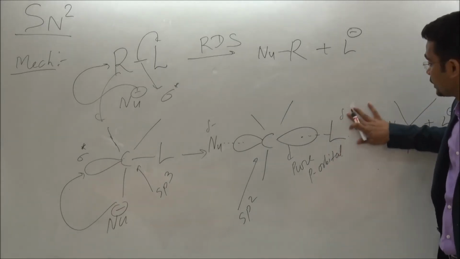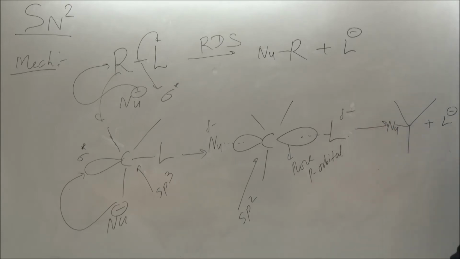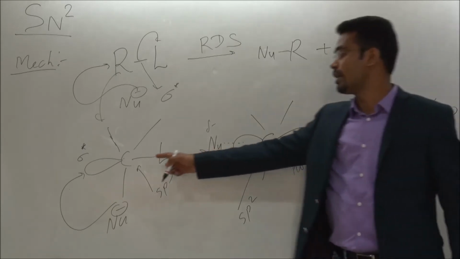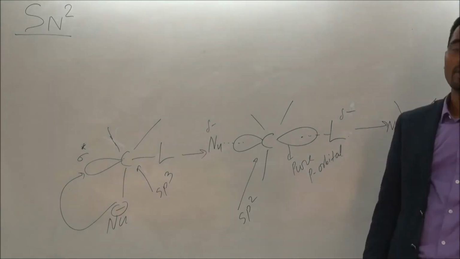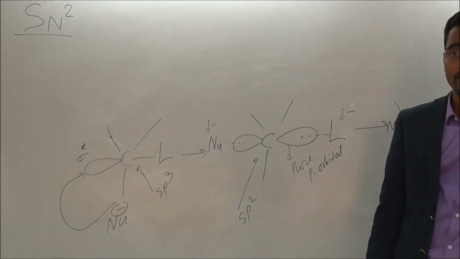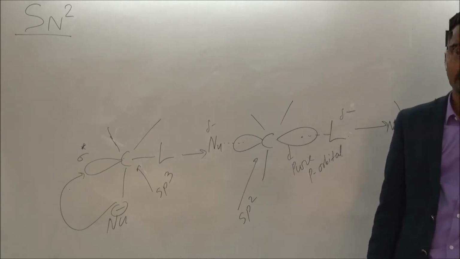It has delta minus, not delta plus, because this electron will shift towards the leaving group. Therefore, it is delta minus. Reactivity depends on 3 factors. One is the leaving group ability, another is the nucleophilic strength, and the substrate.